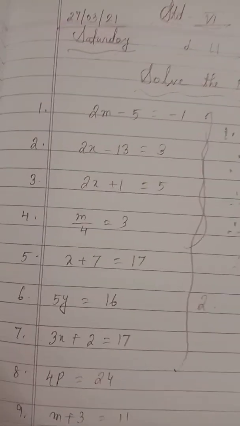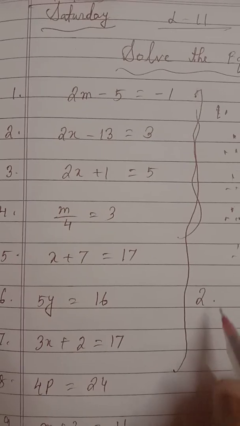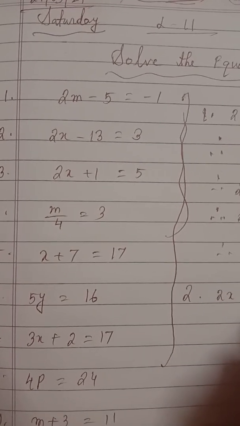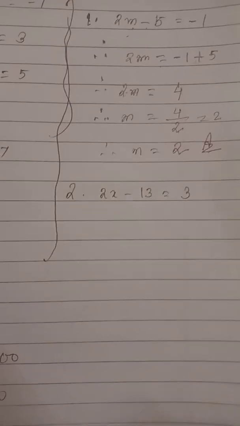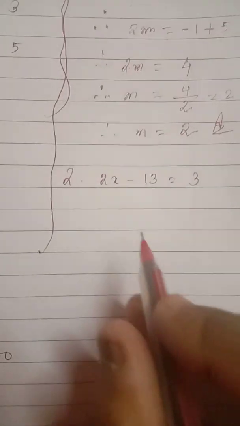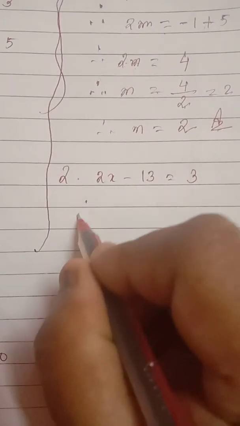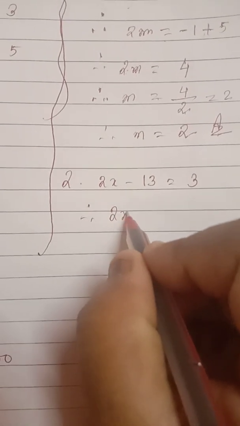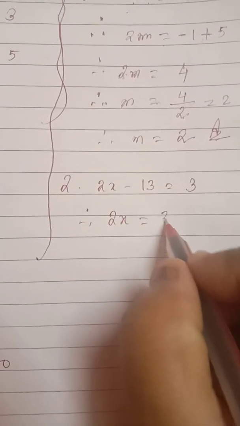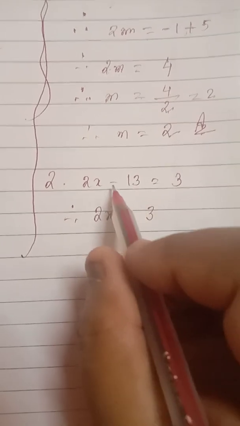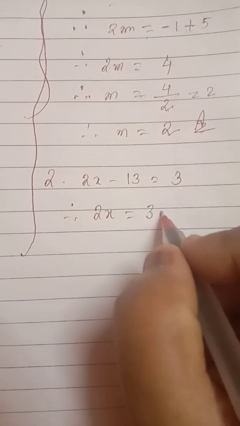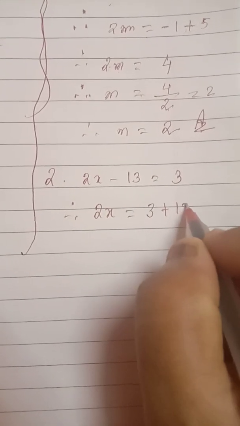Question number 2. 2x minus 13 equal to 3. Solve this way. 2x equal to 3 as it is, and minus 13 comes over here as plus 13.